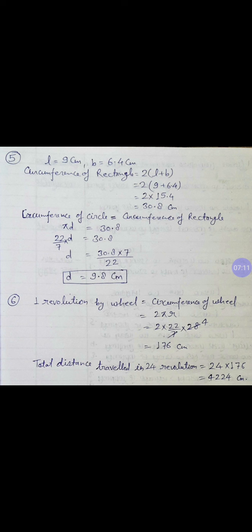So please pay attention here: if the wire has been reshaped as a circle, the length of the wire will not change. So obviously the circumference of the rectangle will be equal to the circumference of the circle, because the wire length will not change. So first of all, we will find the circumference of the rectangle.